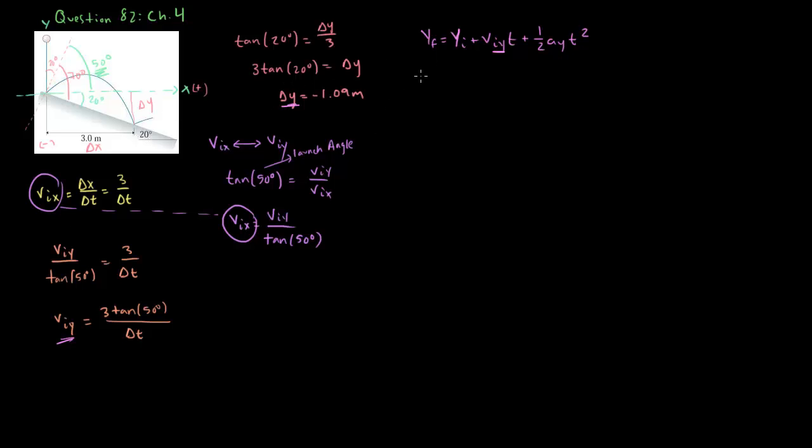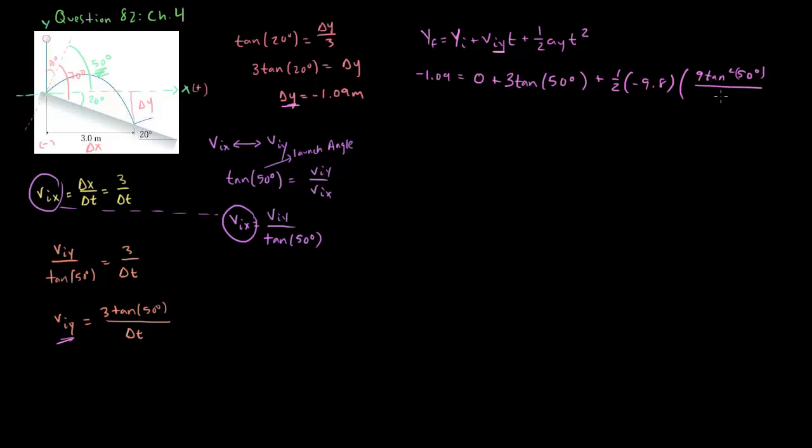So I'm going to get negative 1.09 is going to equal 0 plus velocity initial y, so it's 3 tangent 50 over time. I'm going to multiply it by time again, so the times cancel, so it's going to be 3 tangent of 50 degrees plus 1/2 times negative 9.8 times t squared, right?